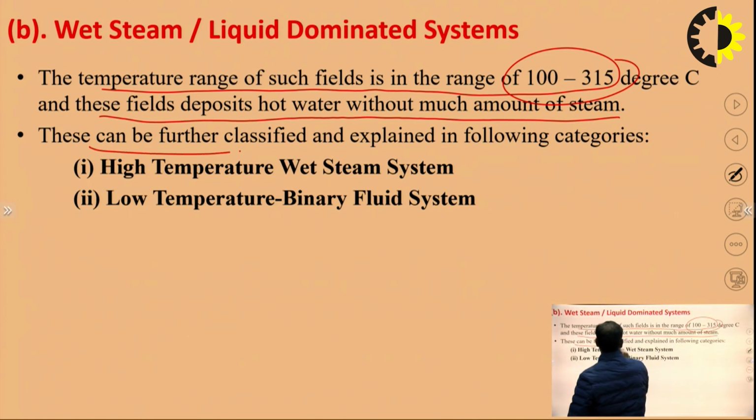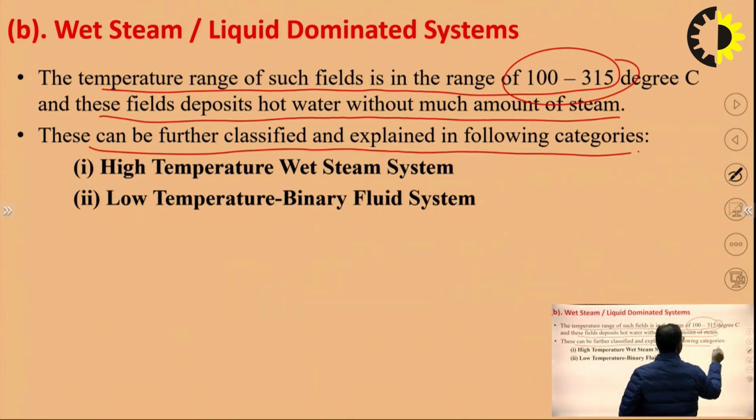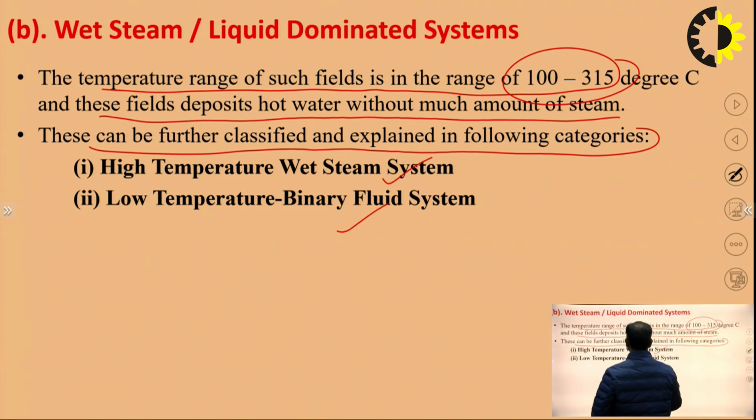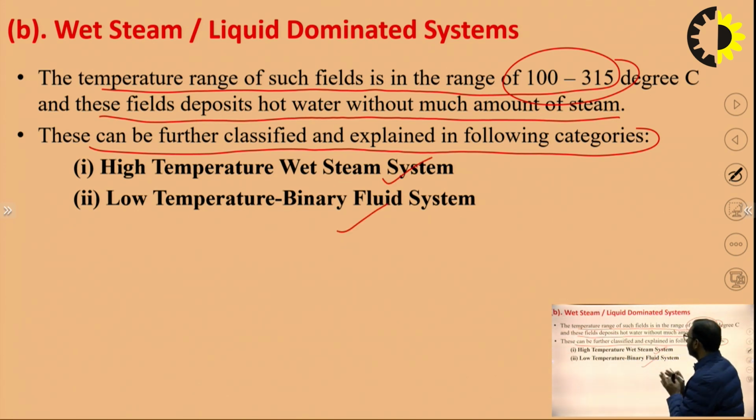These can be further classified into the following categories: high temperature wet steam system and low temperature binary fluid system. So the wet steam or liquid dominated system can be classified into high temperature and low temperature systems, and with the help of this wet steam system we can obtain temperatures of nearly 100 to 315 degrees Celsius.